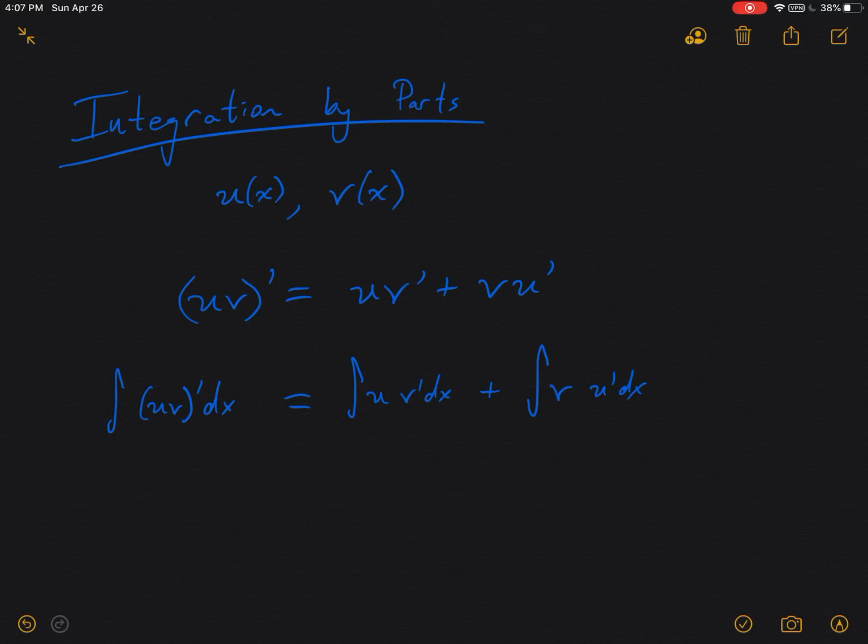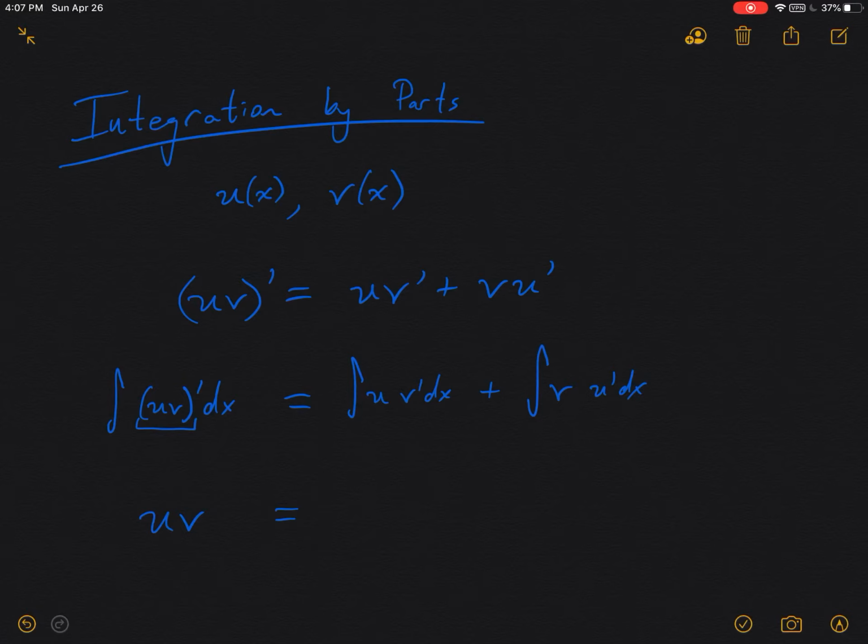Now, on the left side, I'm integrating the derivative of a function. So I'm taking the derivative and then finding an antiderivative, but that should just bring me back to the original. So this should just be u times v on the left side. Technically, I should have it up to a constant, but I'm not going to worry about that for now. So the left side ends up being u times v up to a constant.